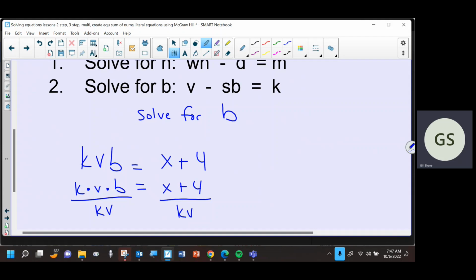Then I need to divide by the v, so I wind up dividing by v. Either way, you should hopefully get to this answer. If you see something like that on the district test, which you probably will, they're probably going to give you something with more than 2 terms multiplied together, would be my guess. Mine are going to all be pretty much like a 2-step equation, maybe even one step, but most likely 2 steps.